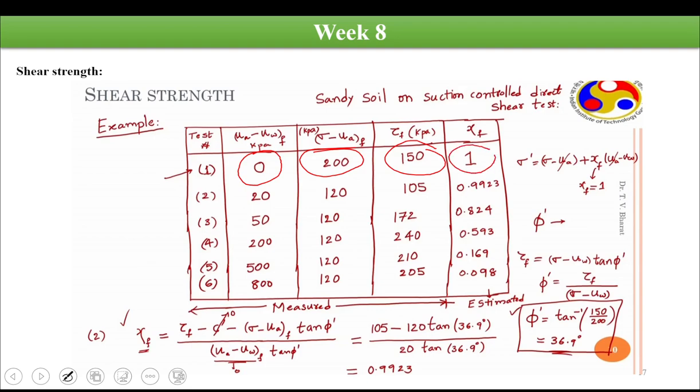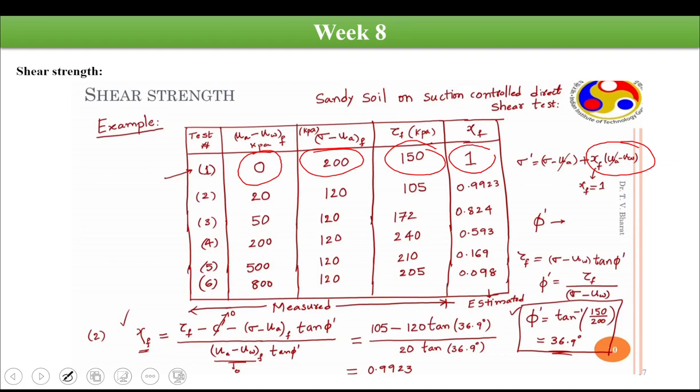So how can we calculate the value of this effective stress parameter at this point? As no matric suction is working, that means ua minus uw is 0, so this term will be multiplied by 0. We also know that the effective stress parameter can vary from 0 to 1.